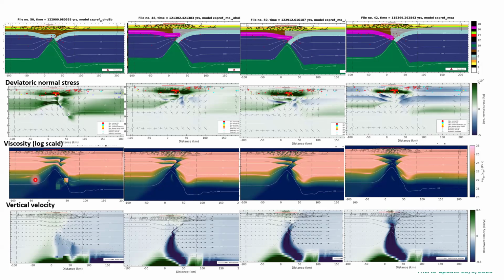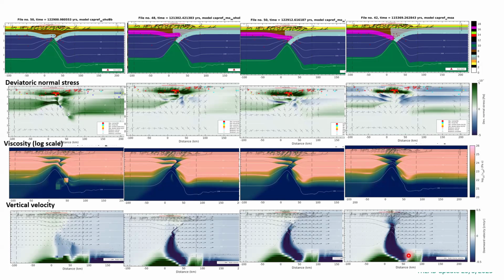Here I'm showing the viscosity, and as you can see, where the lower crust is a bit shallower, there's more pink, which means that it is stiffer. Whereas if we put the lower crust a bit deeper, we create this ductile gateway, I would call it, that allows for the mantle flow.